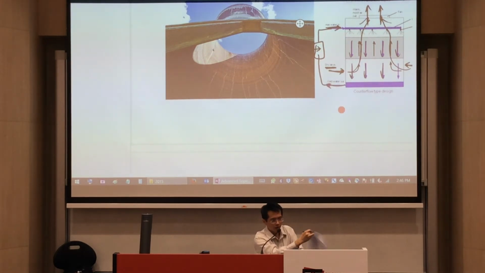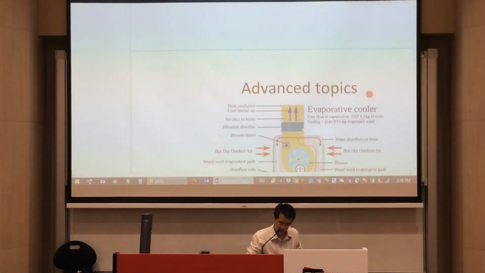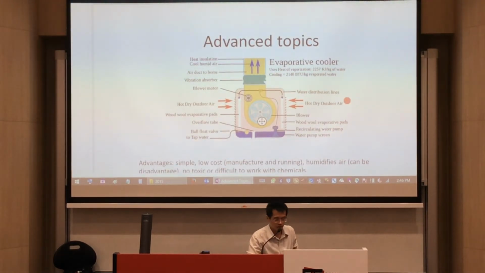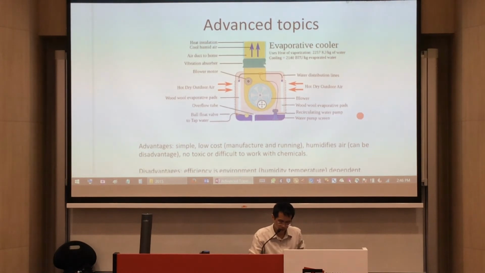There's also another way to cool things down. We call it the evaporative cooler. Now the evaporative cooler works in this way. You have a discharge over here, and this discharge is caused by a blower fan that's over here.